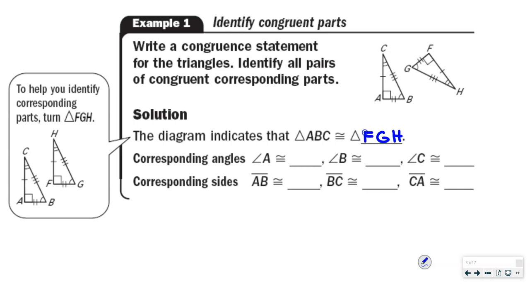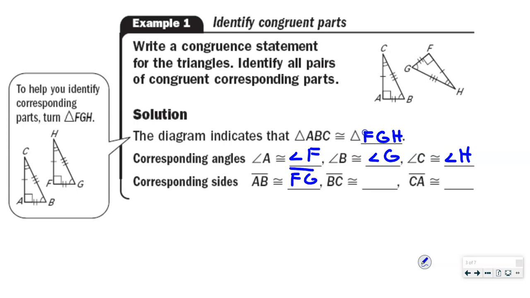And our corresponding angles. We just said those. Angle A corresponds with angle F. Angle B corresponds with angle G. Angle C corresponds with angle H. And then our corresponding sides. Side AB corresponds with side FG.